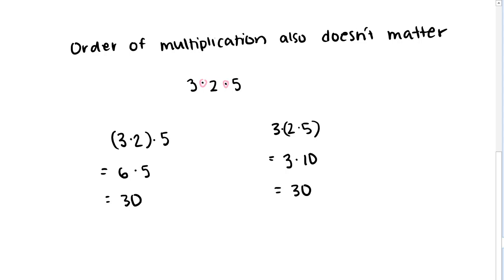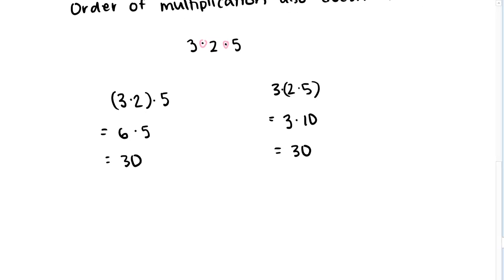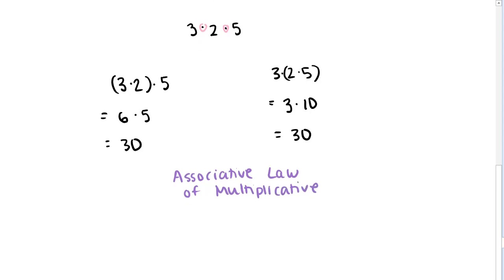Here we call this the associative law of multiplication. We can either perform this multiplication first or this multiplication first, and we'll get the same result.